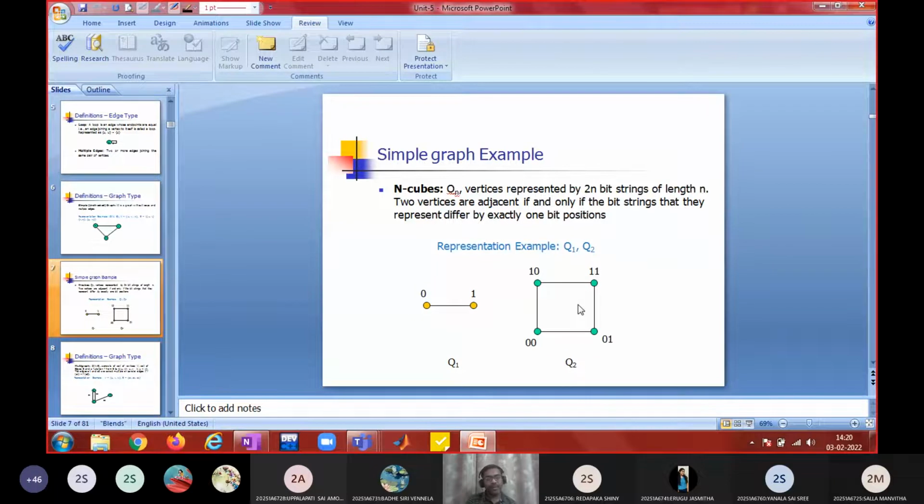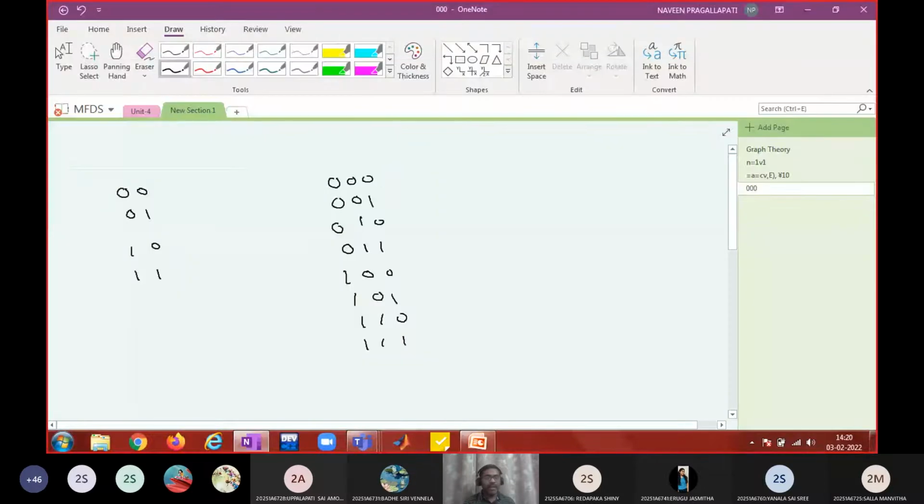So you try to construct it and tell me how that looks. That means you have to connect edges. Just see this example. Which two can I connect? Can I connect these two? Yes, sir. Can I connect these two? Yes, sir. Can I connect these two?